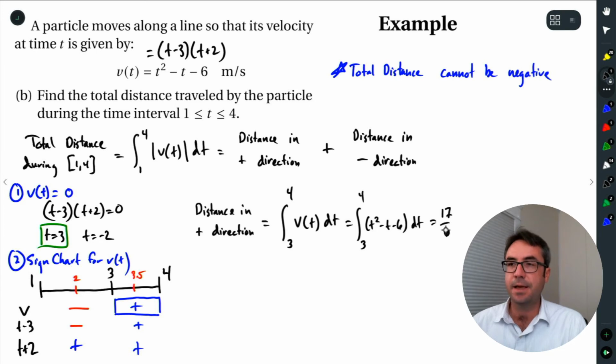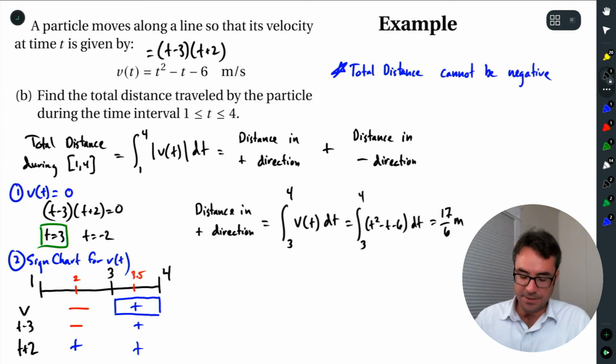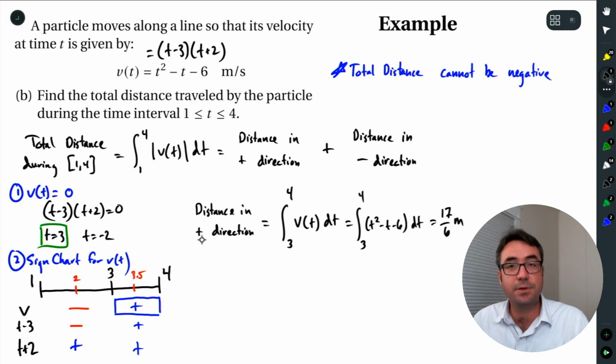And since we're doing a distance here, make sure we include our units, which in this case is meters. So during this time interval from 3 to 4, we're moving in the positive direction. And so the distance that we travel in that positive direction, we can calculate with this definite integral from 3 to 4, and we get 17/6 meters.